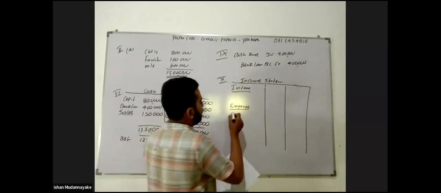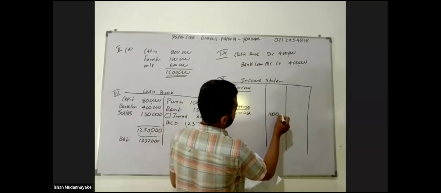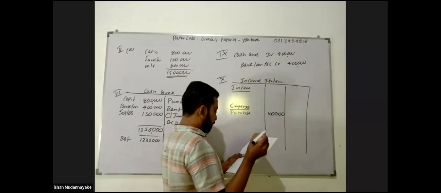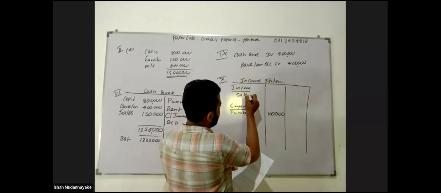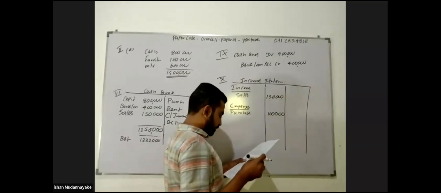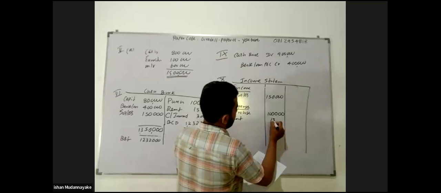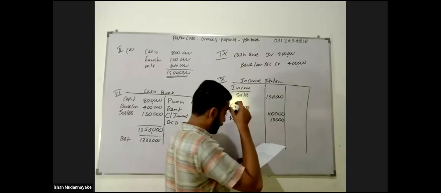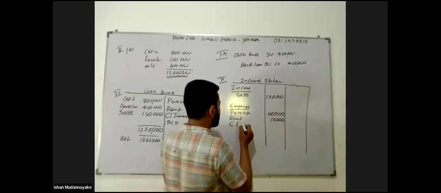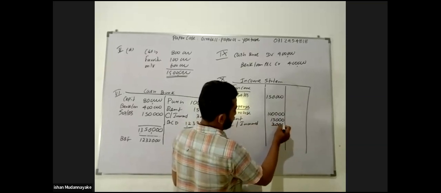Purchases of school bags are an expense, 100,000. Bag sales are income, 150,000. Building rent 15,000 is an expense. Carriage inward is another expense of the business.